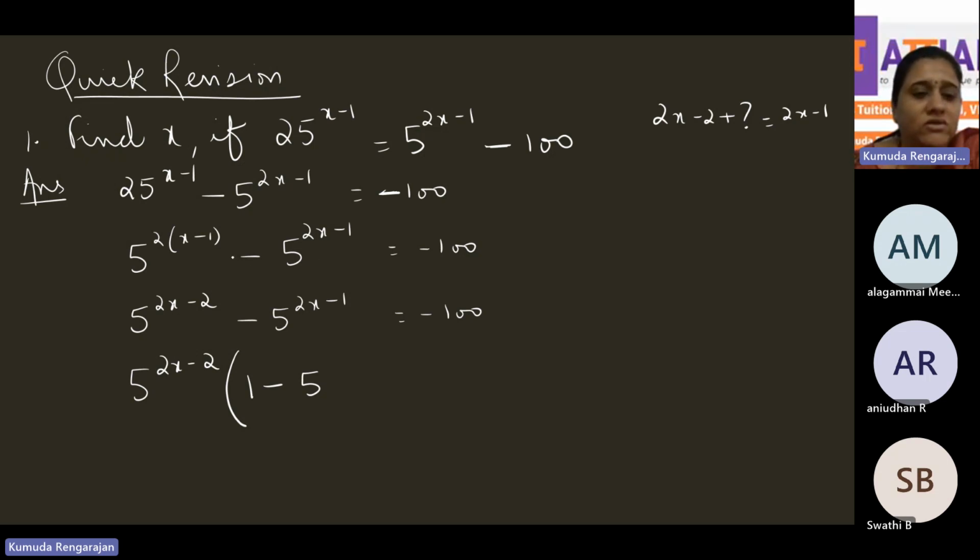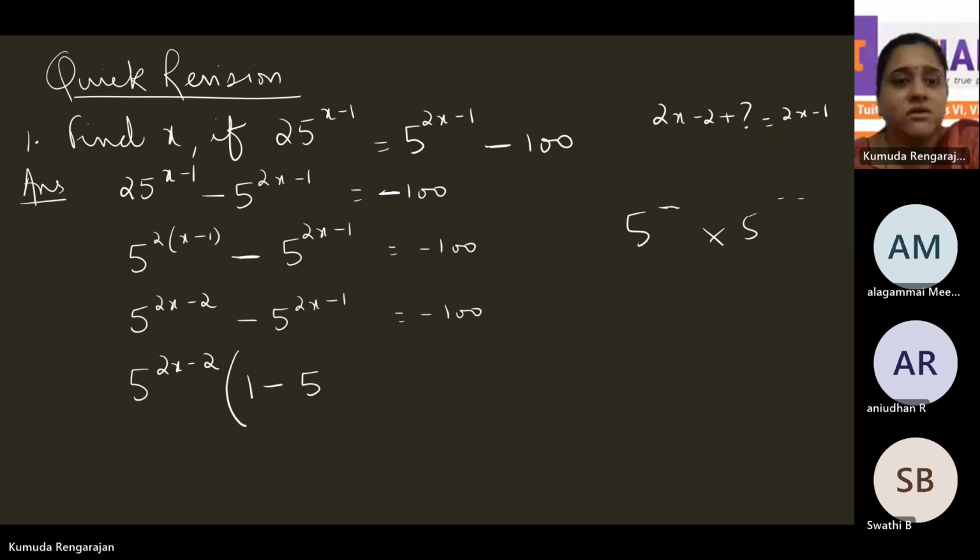Now, if it is 5 to the power something into 5 to the power something, then base are same, multiplication, add the powers. This is subtraction, so you can only take out common. When you have an expression with exponents, base and power, but the connecting sign is plus or minus, you can only take out the common.